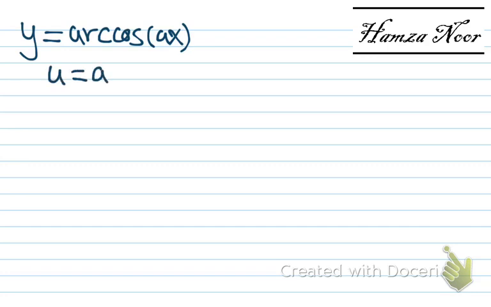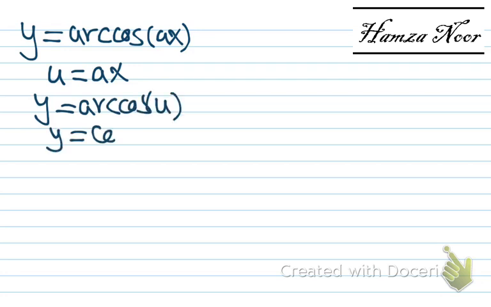So let's generalize this formula for y is equal to arccos ax, where a can be any number. Here we are going to follow the process of the chain rule. So let's take a variable u is equal to ax. So y is equal to arccos u, which simply means y is equal to cos inverse u.